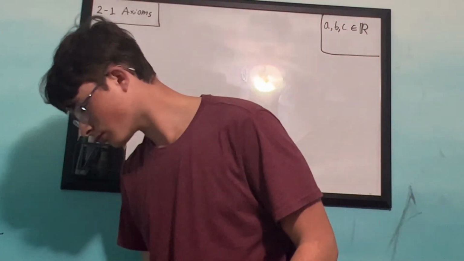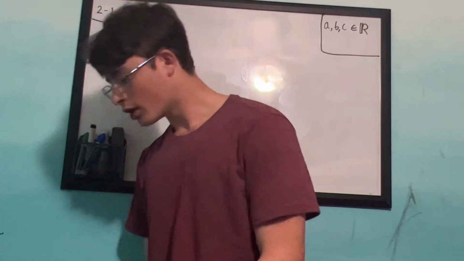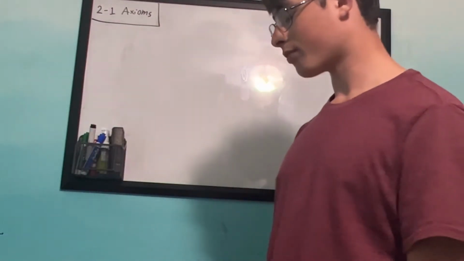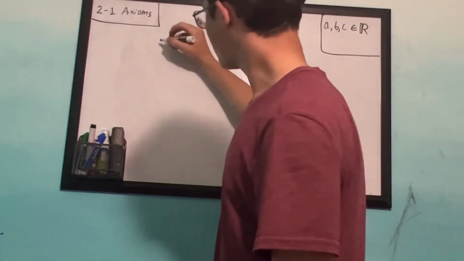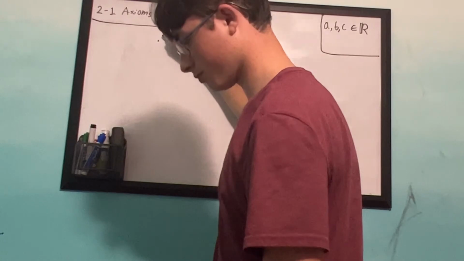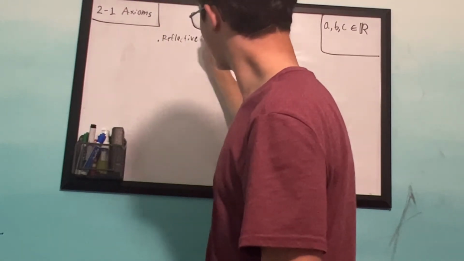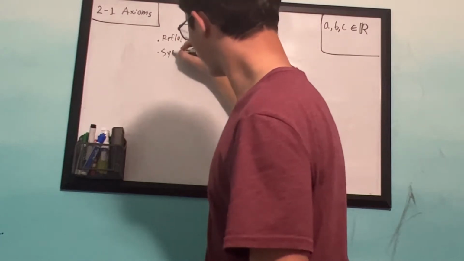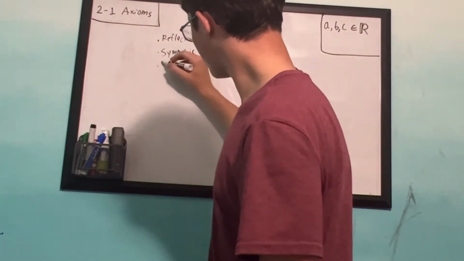So, the first three are the axioms of equality. These should all be from geometry. First off, you have reflective, then you have symmetric, then you have transitive.